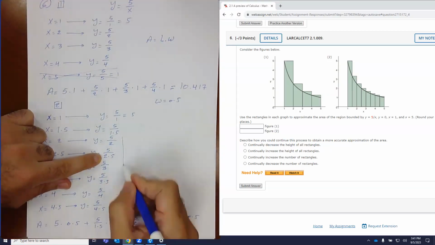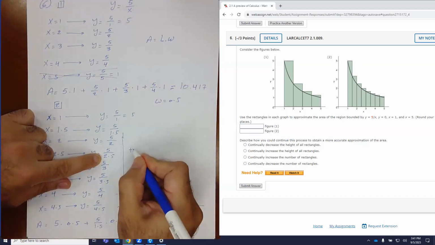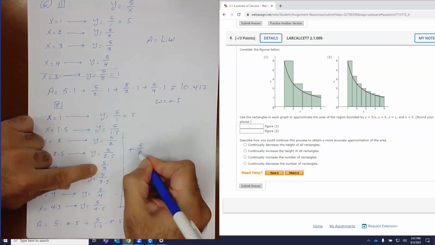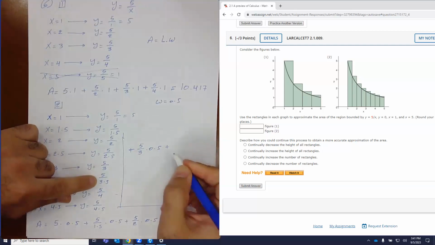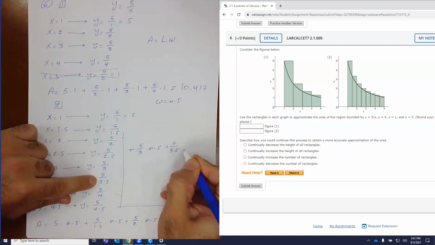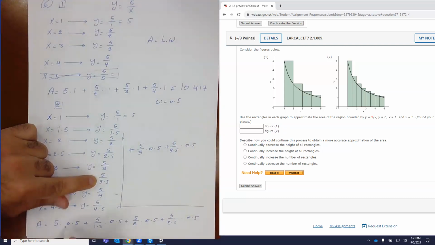I'm going to keep going here. Plus the next one is 5 over 3 times 0.5, plus the next one is 5 over 3.5 times 0.5. If you want to convert this one as a cross, you're not going to make mistakes.